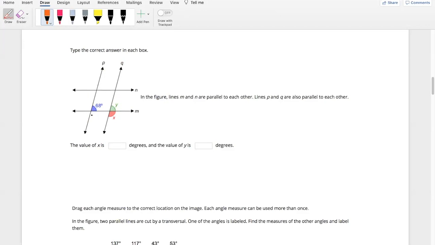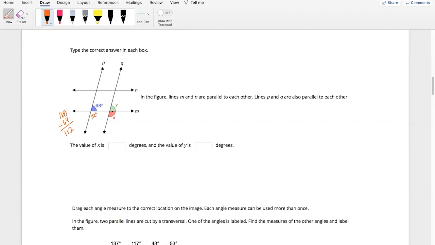Like if I wanted to find this angle, I know I could do 180, because those two together would make that straight line. So 180 minus 68 is going to give us 112. So this here would be 112.